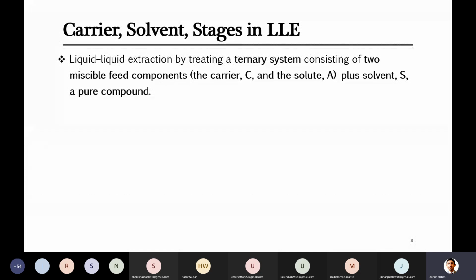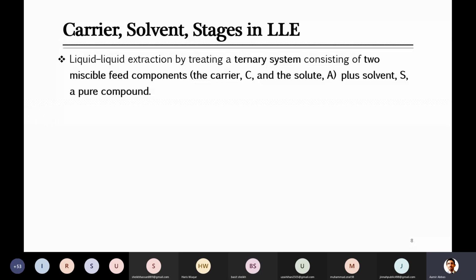Here we will consider that your feed consists of two miscible components. They are initially miscible with each other. Like a small amount of hydrocarbon that is part of the feed is usually miscible with the feed. Those two components of the feed are named the carrier and the solute.